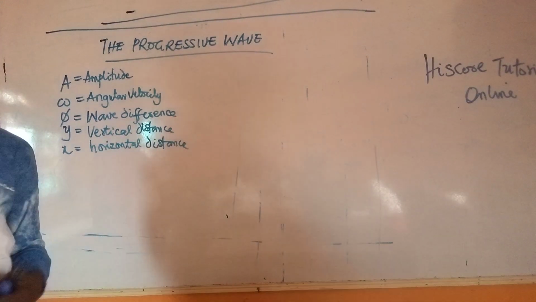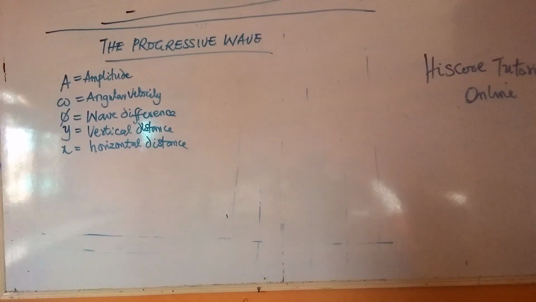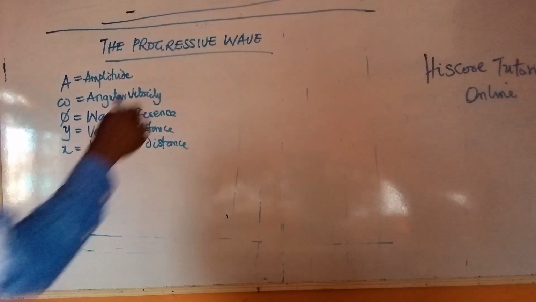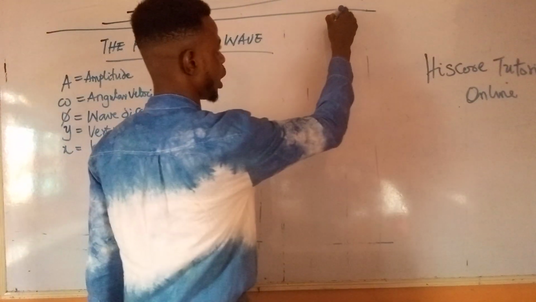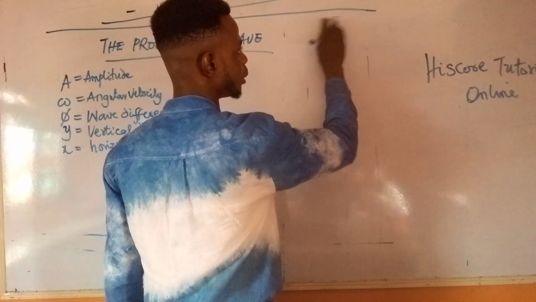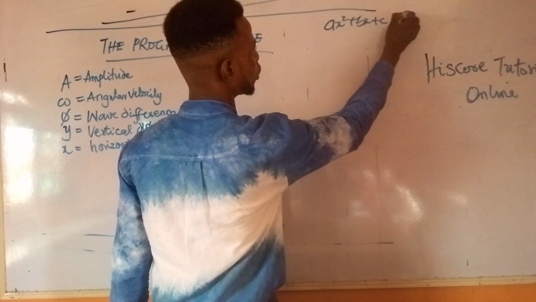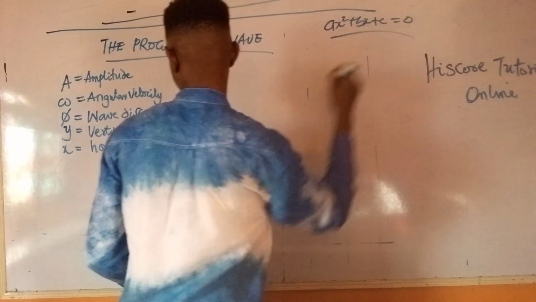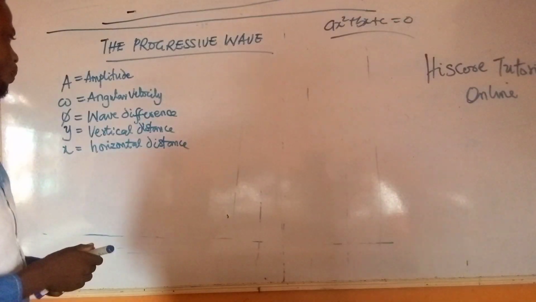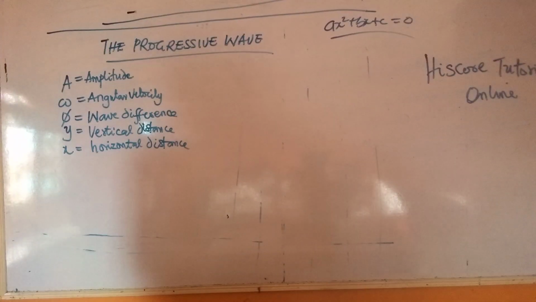Now, generally in the progressive wave, there is a general formula. Are you following? Just like in your quadratic equation, we have a general formula as ax squared plus bx plus c equals 0. That is also applicable in a progressive wave.